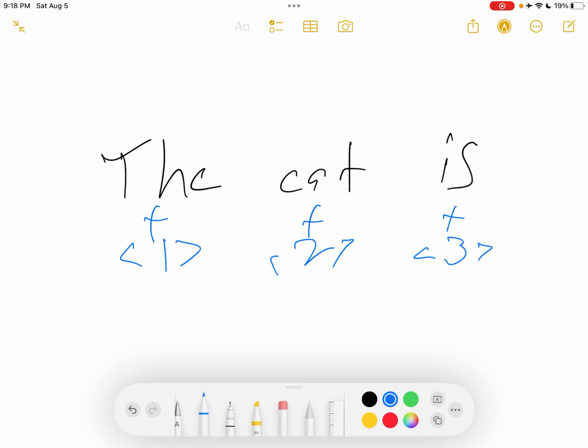We're feeding in these representations because we want the model to know what the relative ordering is. We want it to know that cat is appearing one word before is, and the is appearing 2 words before is.